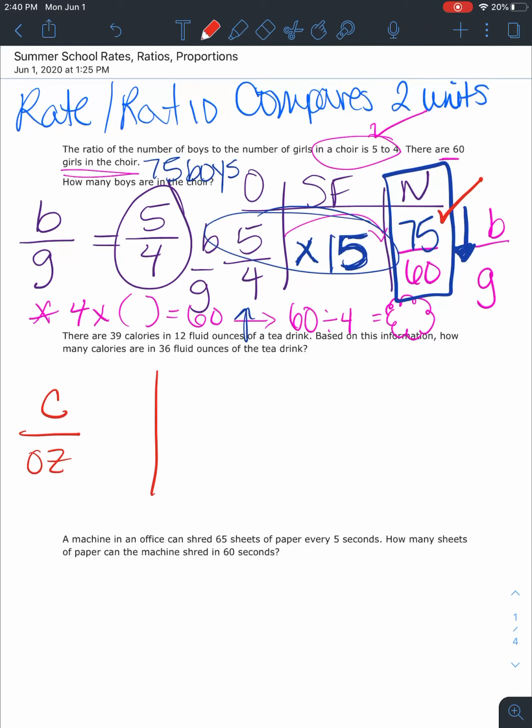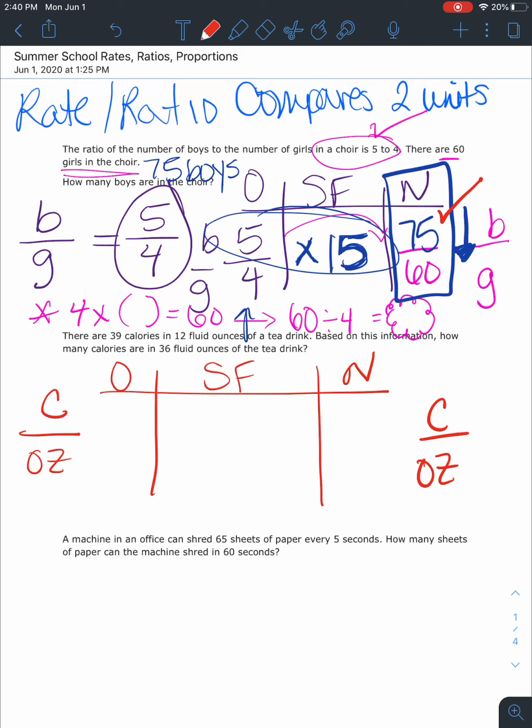I abbreviate these so it makes it easier for me to set up my table. So now I'm going to set up my table: old, scale factor, new. I'm going to start building it with the information that's been provided to me, and that's really going to tell me what it is that I'm missing and what it is that I am solving for.